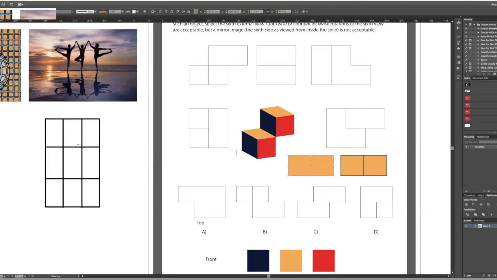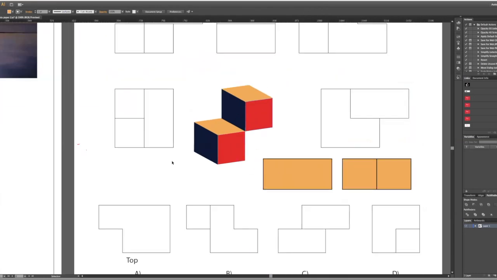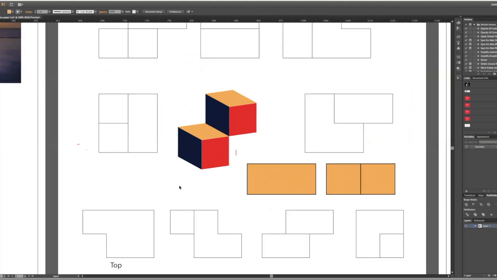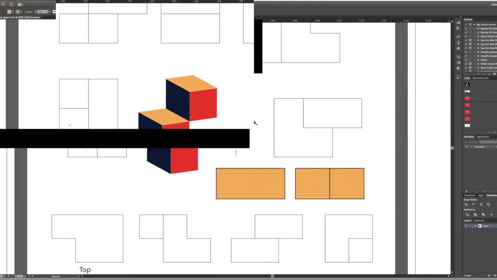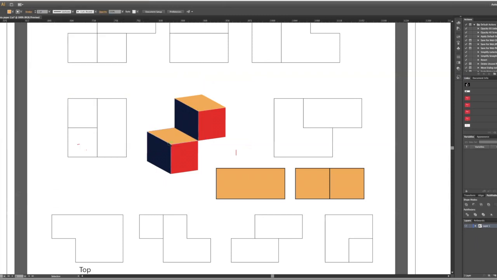Tell me which one is more appropriate. If I want to see the top view of it, which one is appropriate? Second one. Good. Why? Because right now you are able to see the 3D object and you know there is a difference between surfaces. There is a top, there is a bottom.